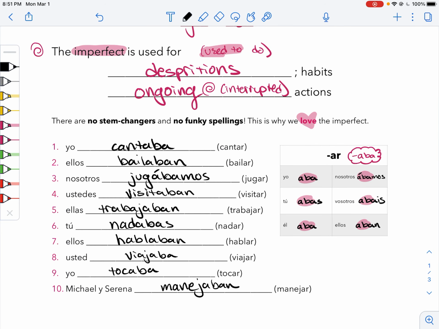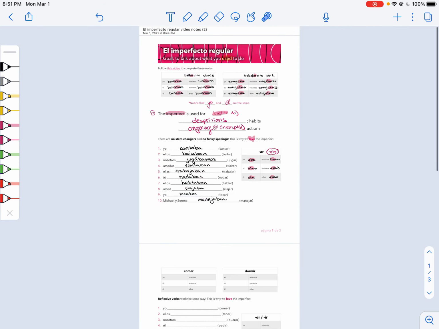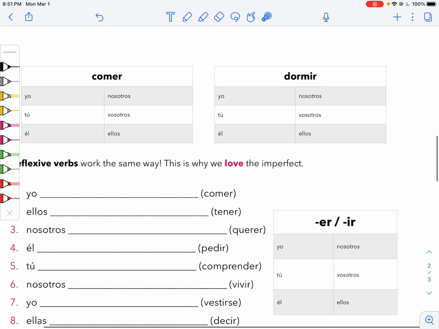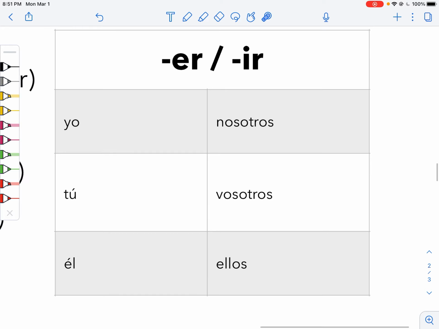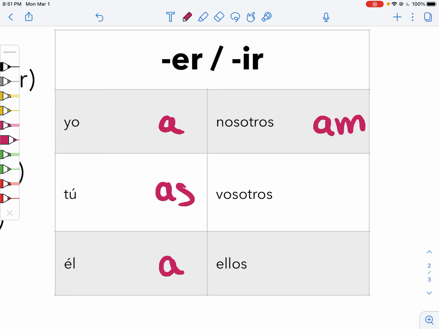Literally just aba and then the normal endings on it. So that's great. You know what else is great? ER and IR verbs. But careful. I'm going to do this backwards. Because ER and IR verbs follow the same endings: ends in a, ends in as, ends in a, ends in amos, ends in ais, ends in an.